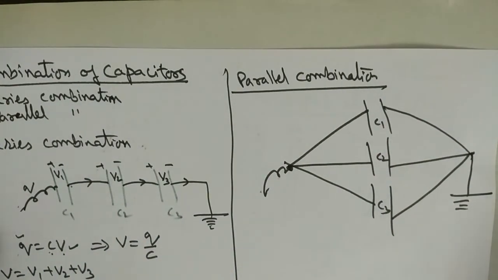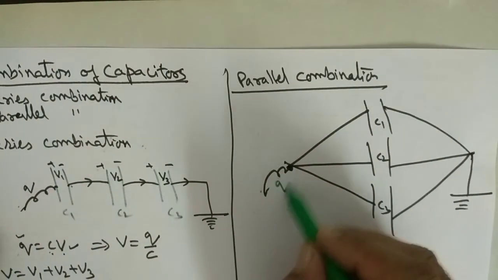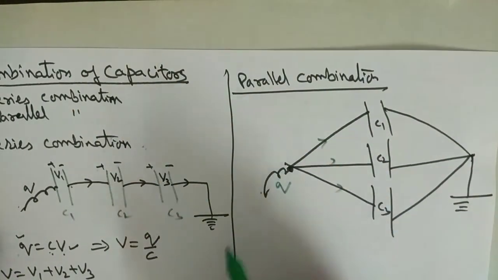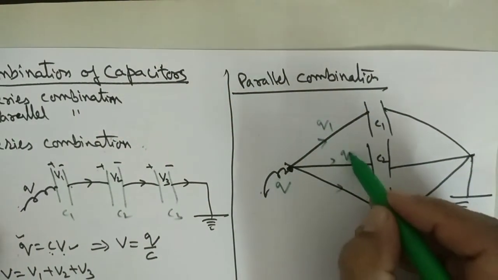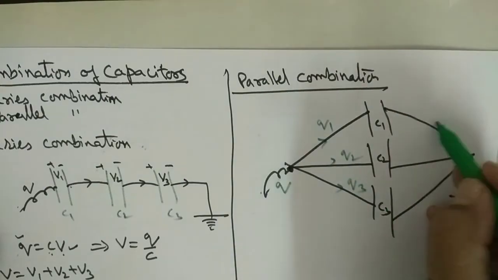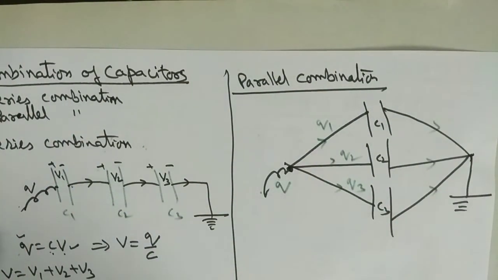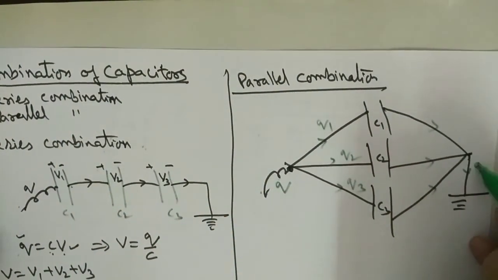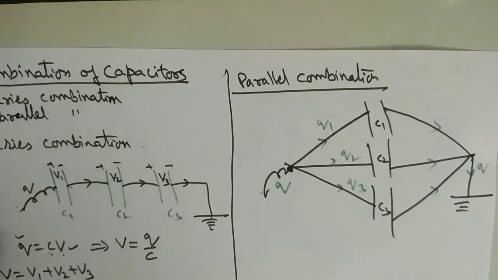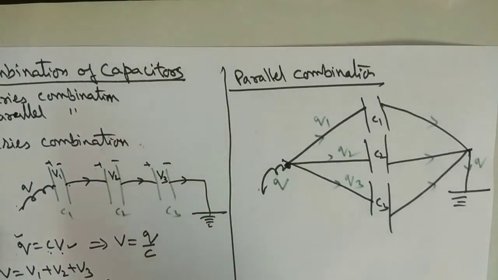It means if you give the charge Q, it will be distributed. Suppose it is Q1, it is Q2, and here it is Q3. Total charge again will be Q. Is it clear?